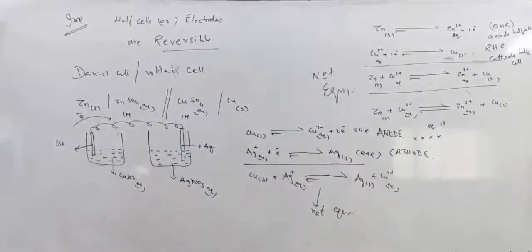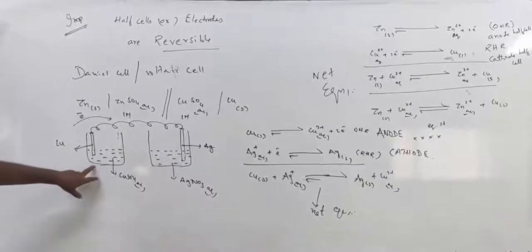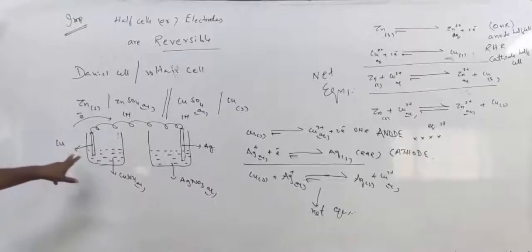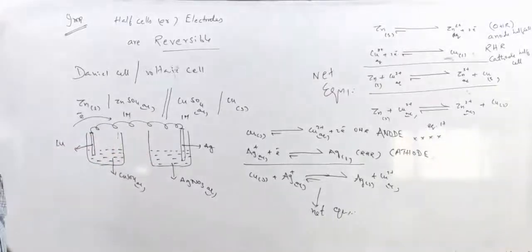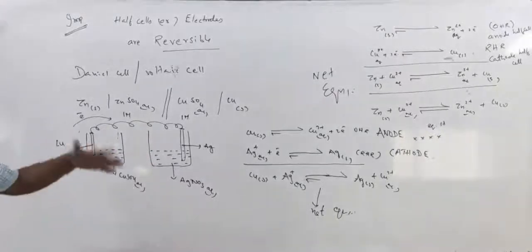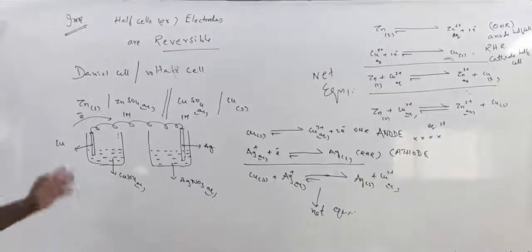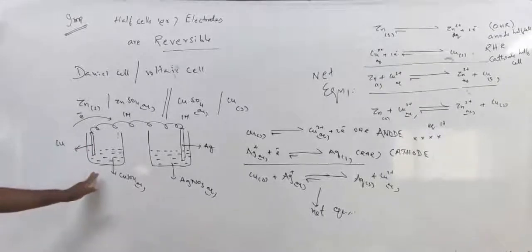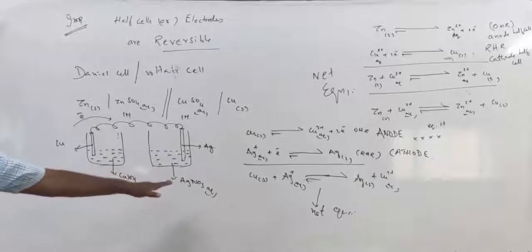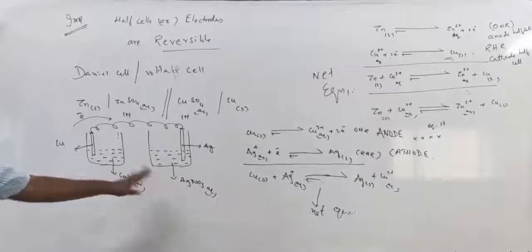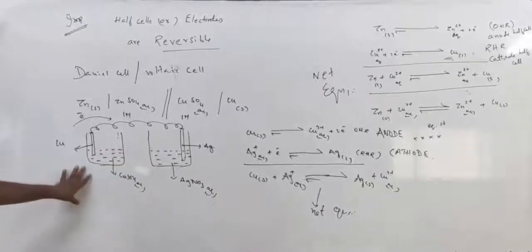See, in the voltaic cell, the copper electrode acted as cathode, undergoing reduction. In this cell, copper is connected to the silver electrode, then copper lost electrons. That means oxidation takes place at this electrode and reduction takes place at this electrode. Therefore, copper acted as anode.